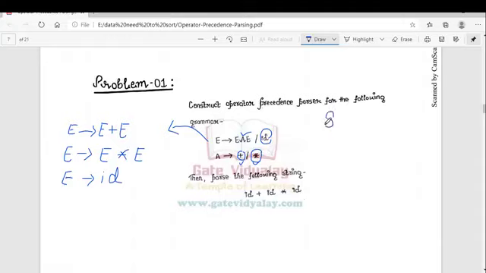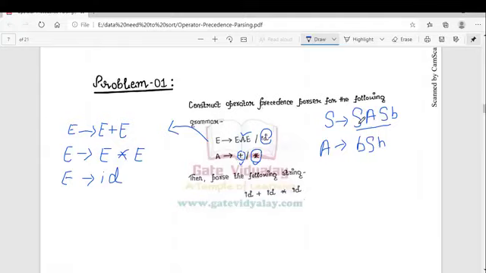Let's suppose we have a production S produces A S B, and A has production B S H. Now, from this scenario, I have identified that this grammar has three adjacent non-terminals.